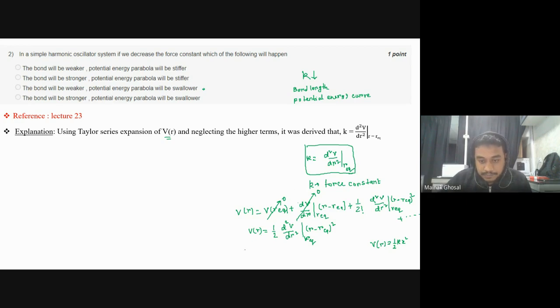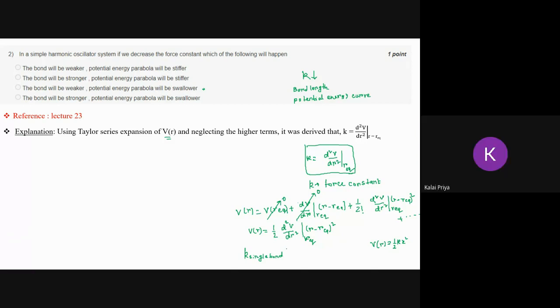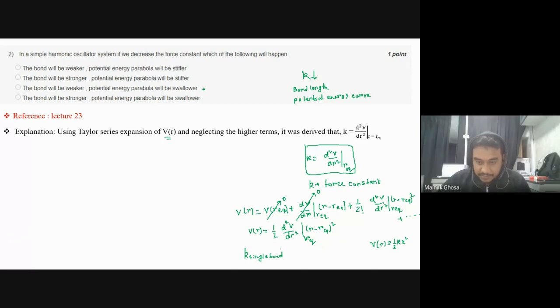So will its force constant be low or high compared to the double or triple bond? Low force constant, exactly, because you need very little energy to stretch a single bond rather than a double bond or triple bond.